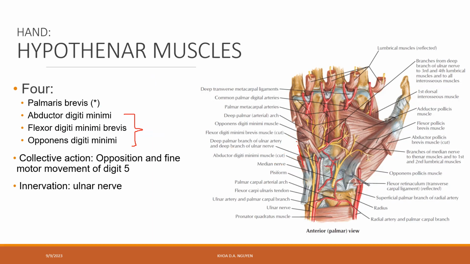Number 1, you have the abductor digiti minimi, which is the most lateral and superficial. Then you have the flexor digiti minimi brevis, which is more lateral than the abductor digiti minimi muscle, okay? And then the deepest muscle is the opponens digiti minimi muscle, okay?